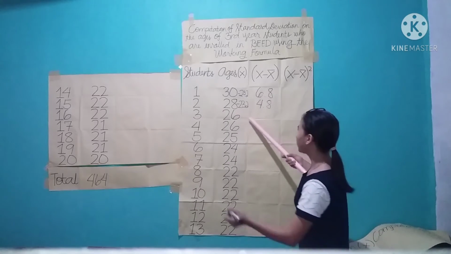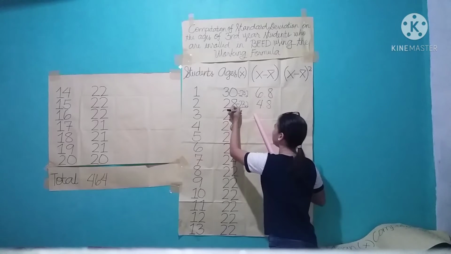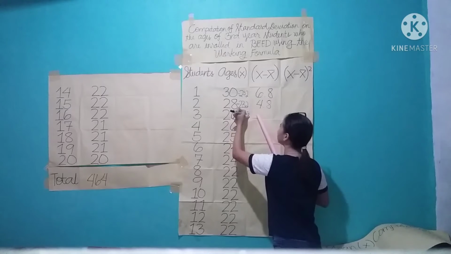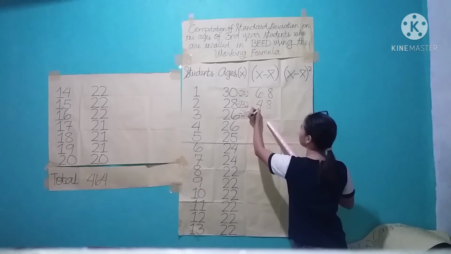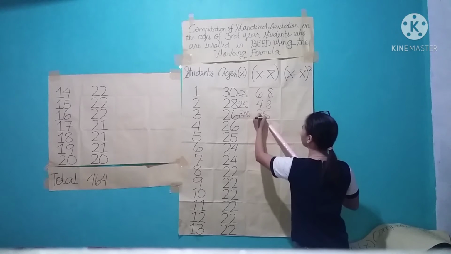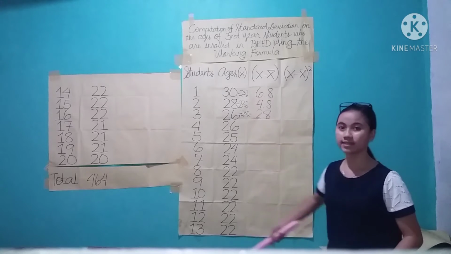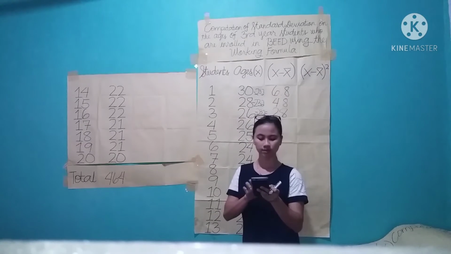Another, 26 minus 23.2 equals 2.8. So on and so forth are the calculations.